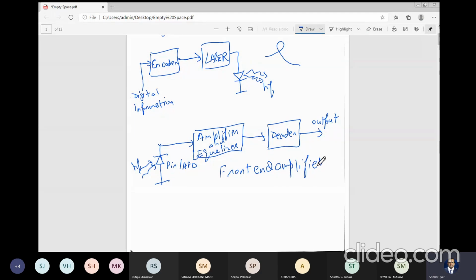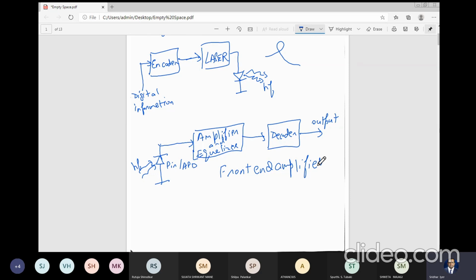But we'll be dealing with the types of amplifiers a little later, probably in module 4 or module 5. Okay. So this will be a front end amplifier, and then this will be followed by an equalizer, that is basically a filter. This is a very important concept, and this will provide gain as well as linearity to the signal, and it will reduce the bandwidth over which the noise can operate on your data signal.